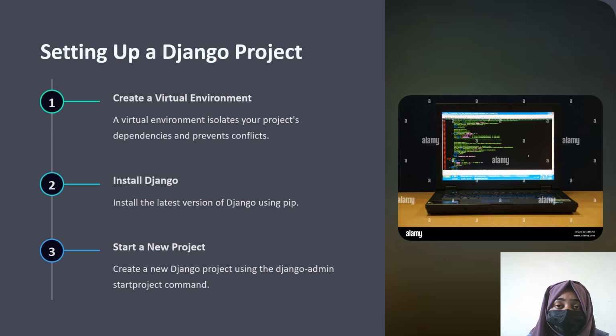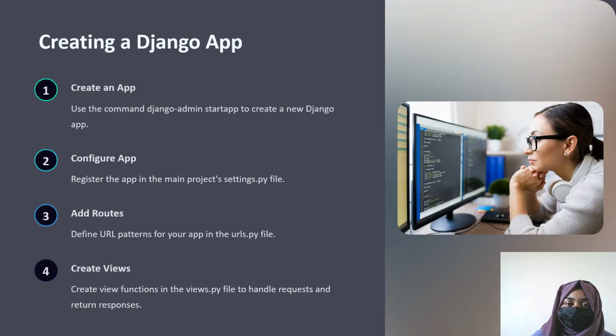There are some commands we need to run to install Django. Then starting a new project is done using the django-admin startproject command. That is a very common, easy thing.